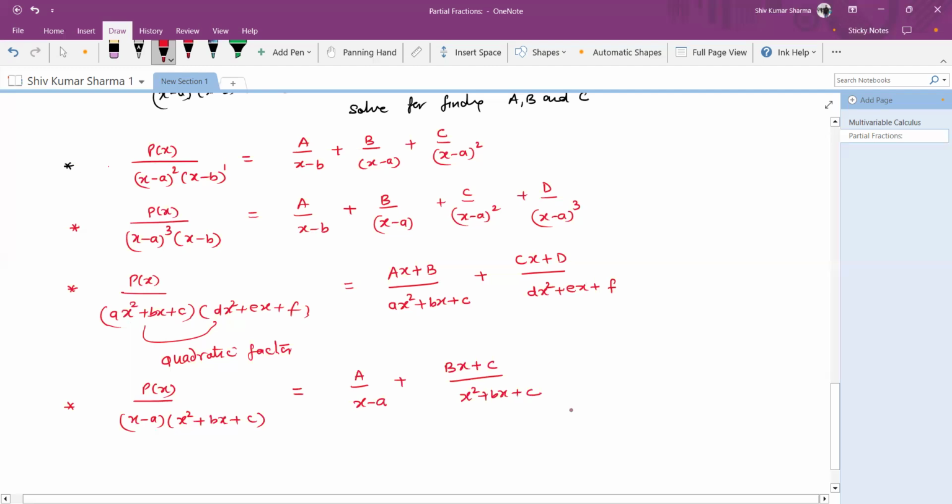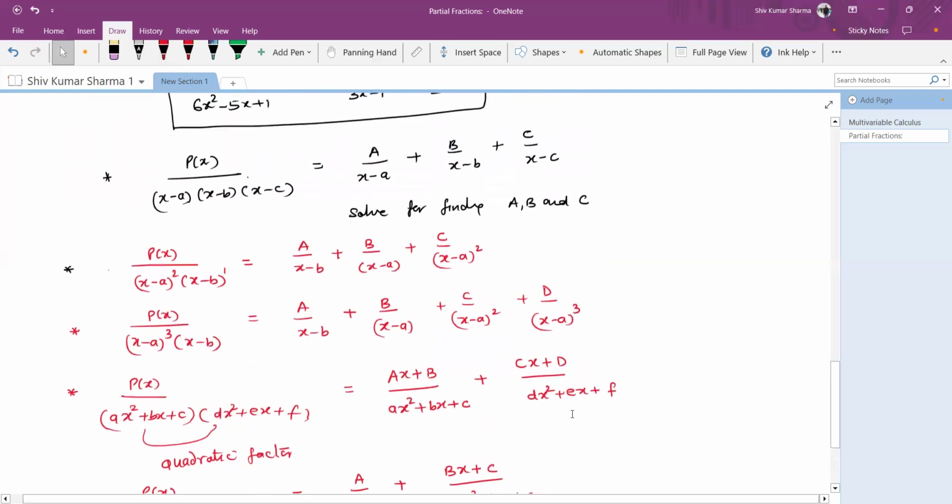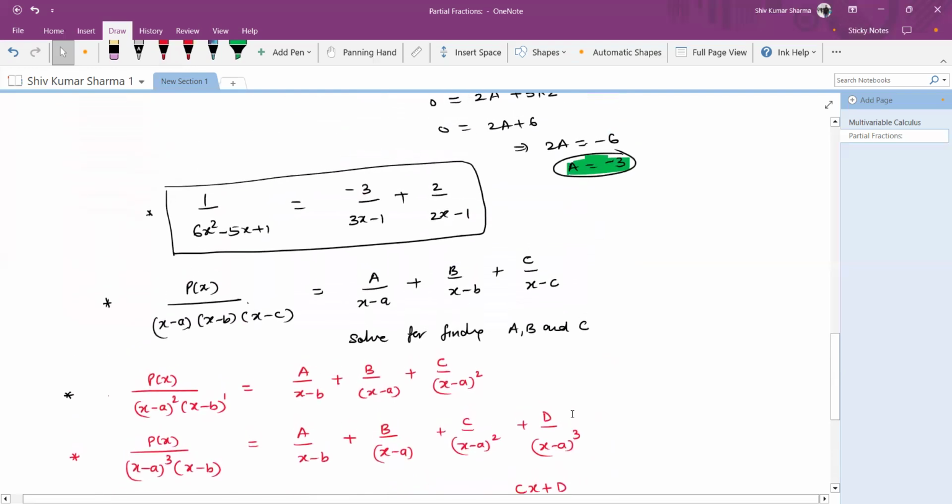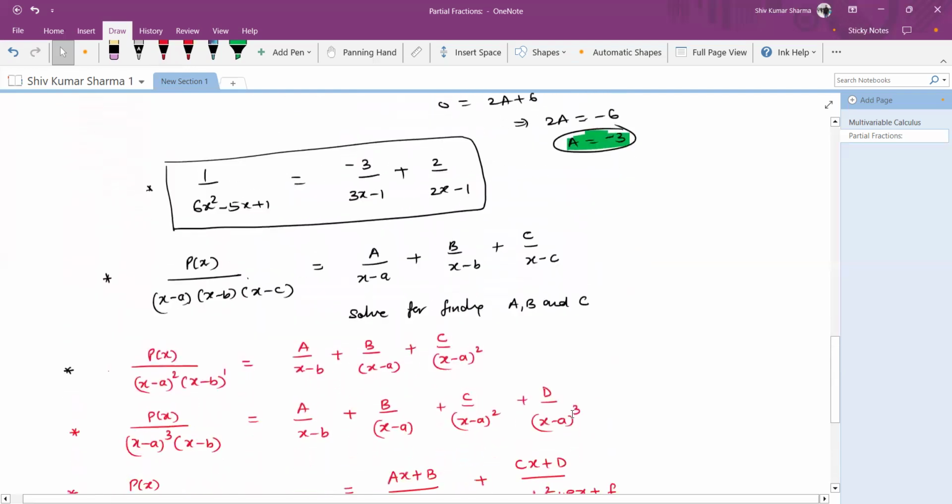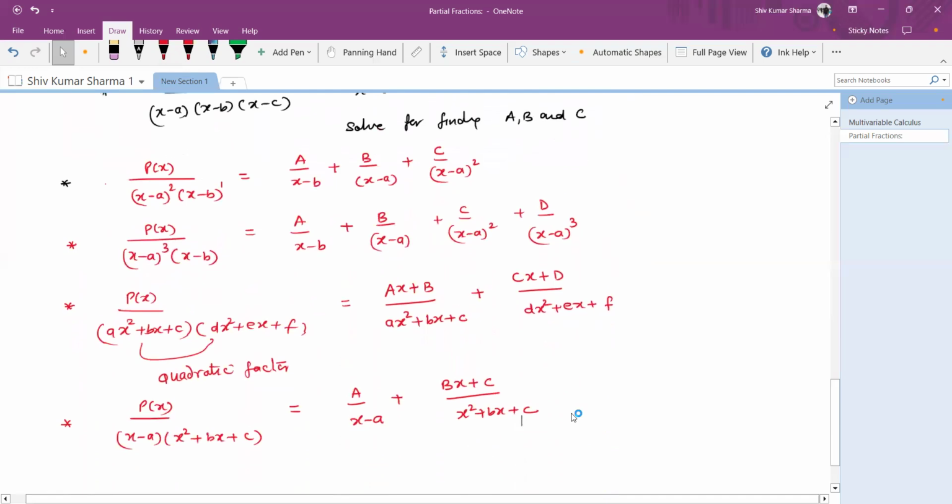Now you have to remember that the power of the numerator should be less than the power of the denominator, so we can make the partial fraction easily.